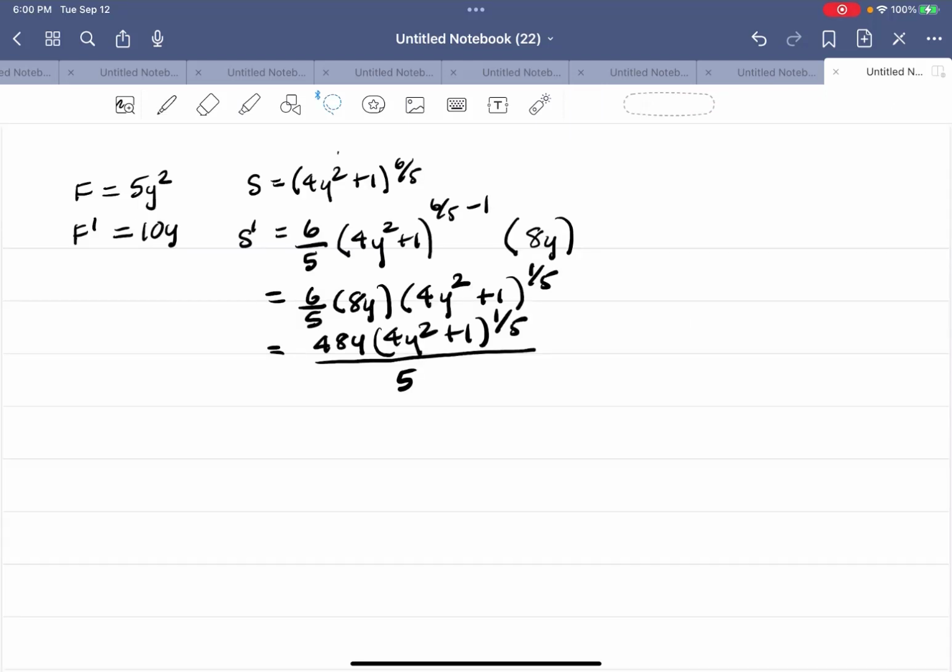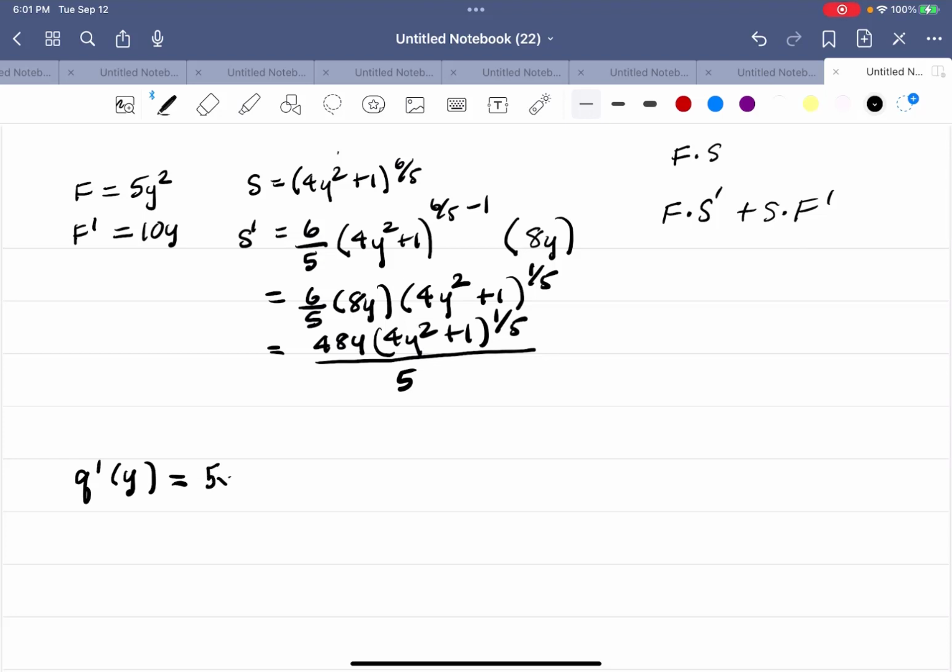So now let's put this together using the product rule. When you have two functions, f times s, it's going to be first times the derivative of the second plus the second times the derivative of the first. So my q prime of y is going to be my first function, 5y squared, times the derivative of the second function.